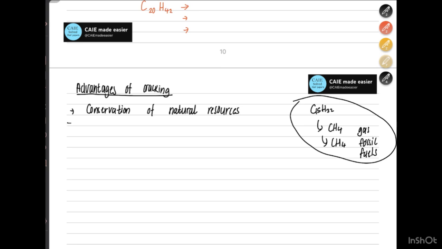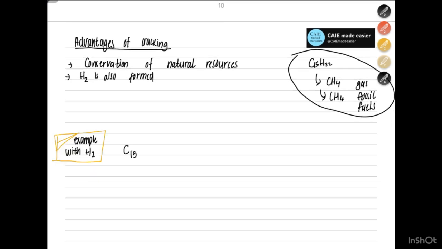Now, sometimes hydrogen is also formed. Let me give you the example for that. C15H32. You can see this is an alkane. What happens is we get hydrogen as a byproduct. Now let's write down the other simple hydrocarbons. We can say we get C6H12.